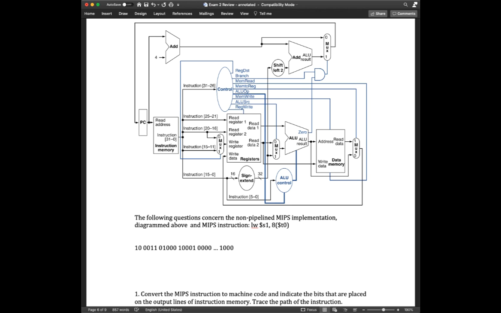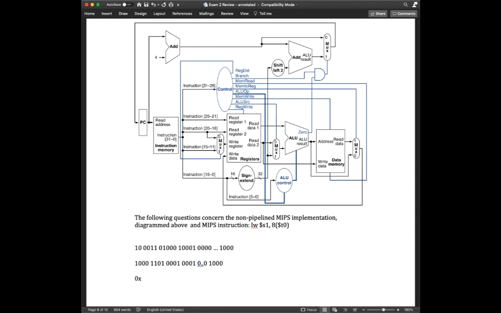So let me rearrange that a little bit to get it more hex friendly. 1101, 0001, 0001, a bunch of zeros, and then finally 8. So if I want to put that in hex, that is 8D, 1, 1, a bunch of zeros, and then 8. So how many zeros? There need to be 4 hex digits, so that's 0008.